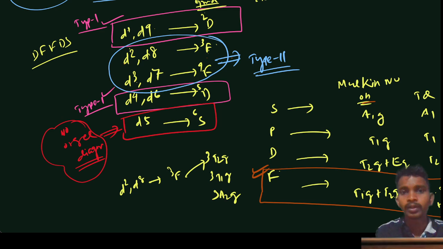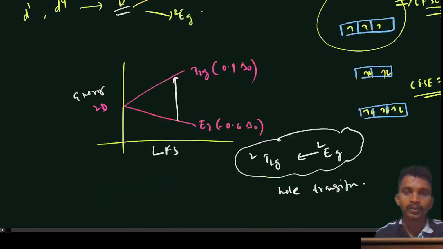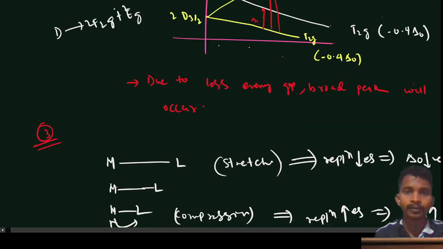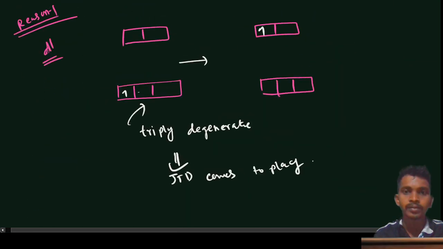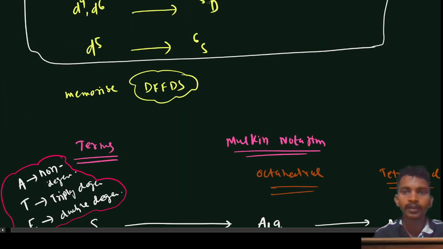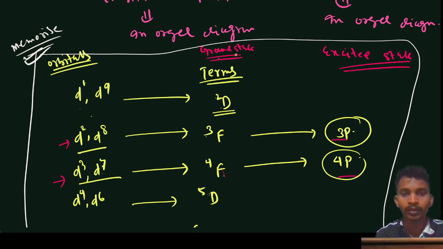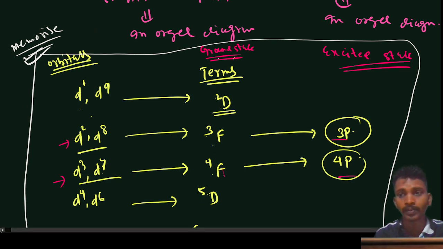For the excited states, for this we have 3P, and for this we have 4P. This we discussed in the past class. There we also saw that d2 and d8 have excited states present, 3P and 4P. Okay, the ground state is this, and the excited states 3P and 4P are also present.